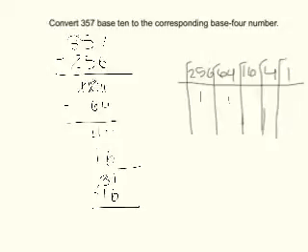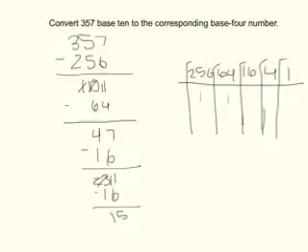So we'd subtract that, and that would be 15. And so with that, we couldn't subtract 16 anymore. As you can see, we subtracted 16 twice, so we are going to put a 2 under that place value.